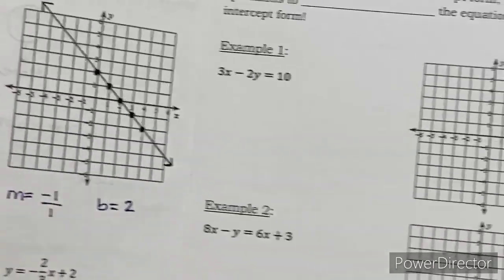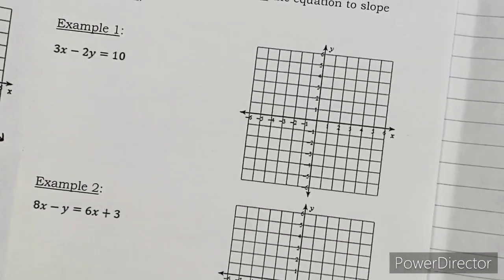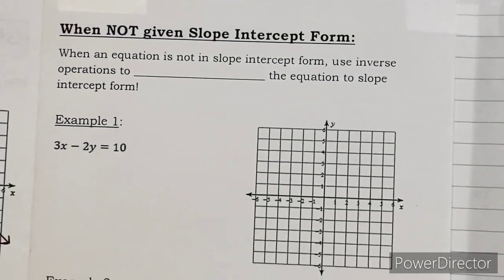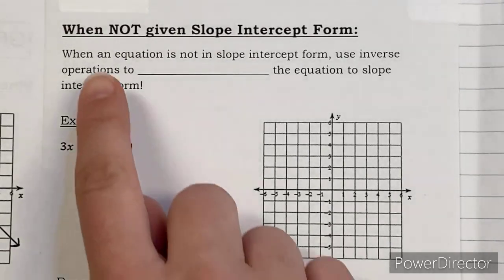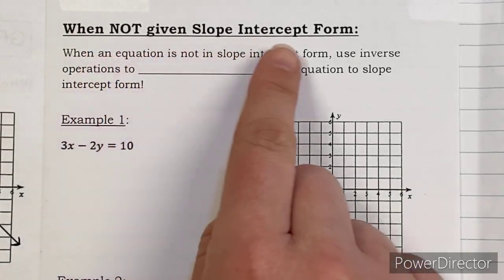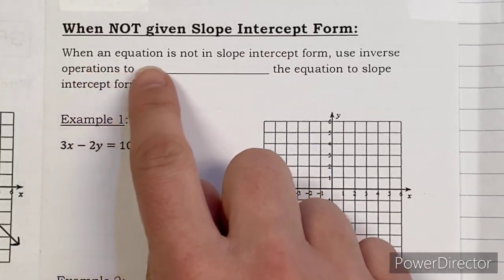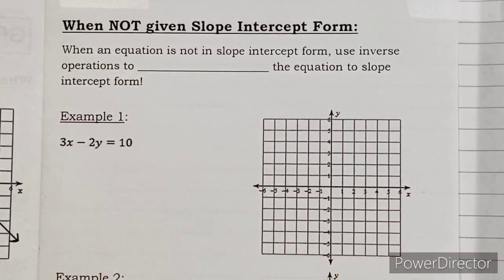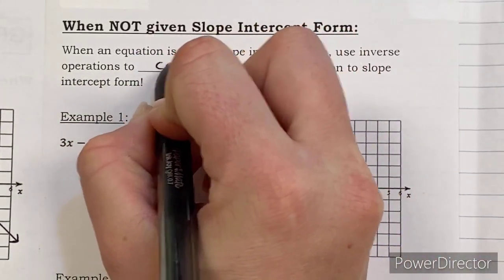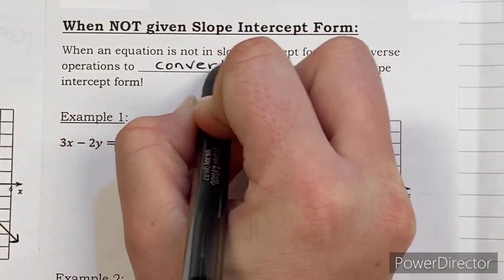So now, let's go over here and talk about how to graph something when it's not in slope-intercept form. So this one says when not given slope-intercept form. So when an equation is not in slope-intercept form, use inverse operations to convert the equation into slope-intercept form.